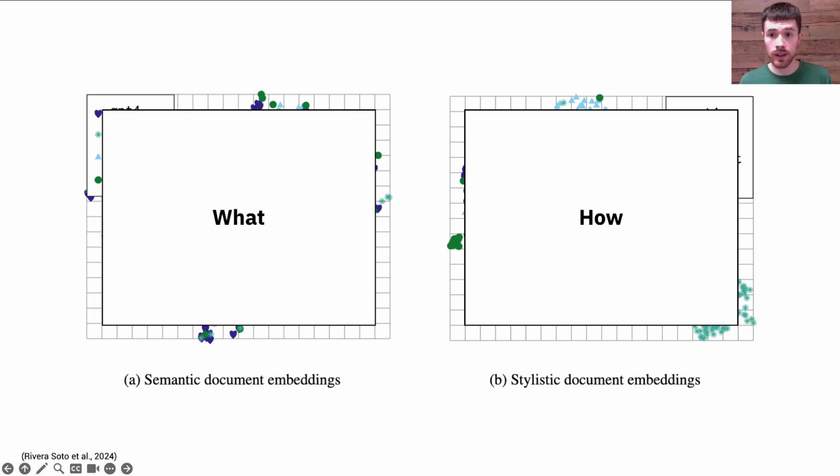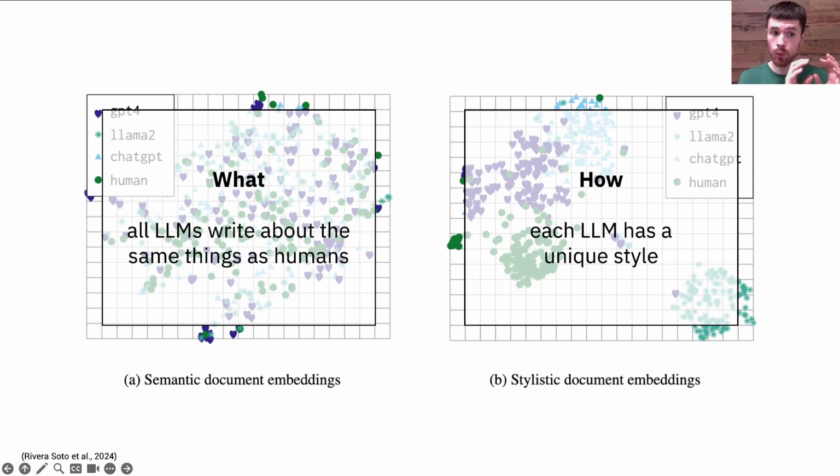They don't write about different things with respect to humans, but it is true that they write in a specific way. They write about the same things. The what is the same, but how they write, that's what changes. That's what is distinguishable. That's what's different.